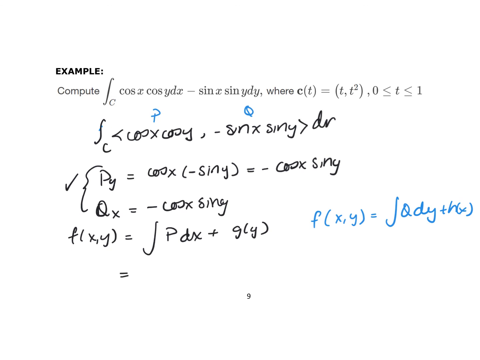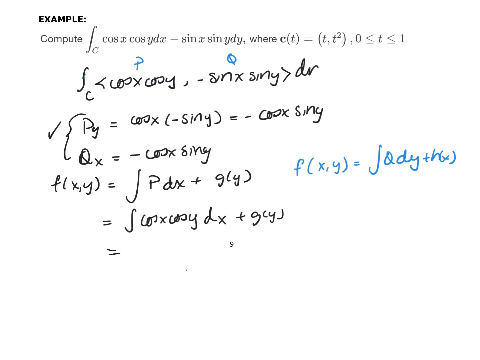So this is going to be the integration of the cosine of x, the cosine of y, dx plus g of y. This integrates pretty nicely. It's just going to give me the sine of x, the cosine of y, plus g of y.